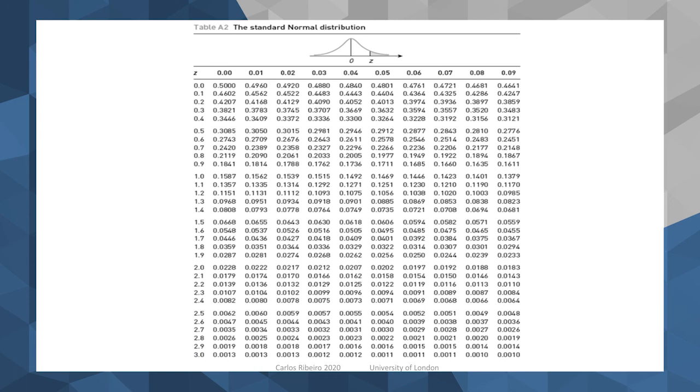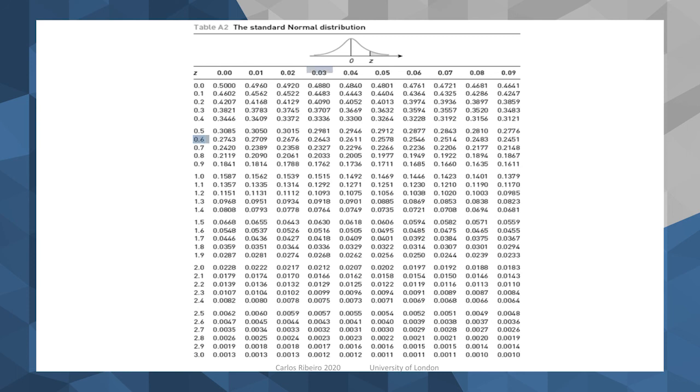And so if you look in the first column, you look for 0.6, and in the first row, you look at 0.03. 0.6 plus 0.03 gives you 0.63.